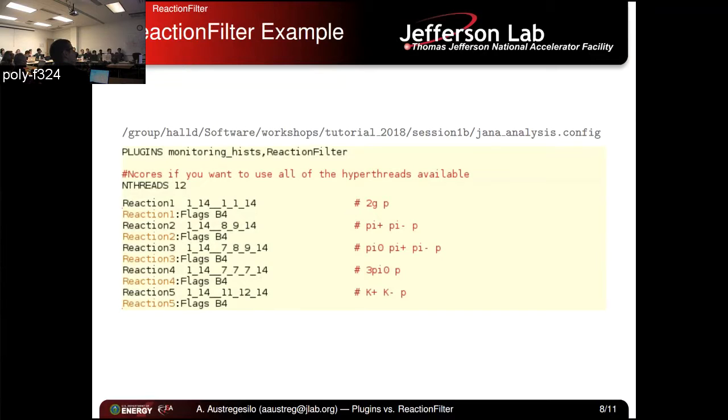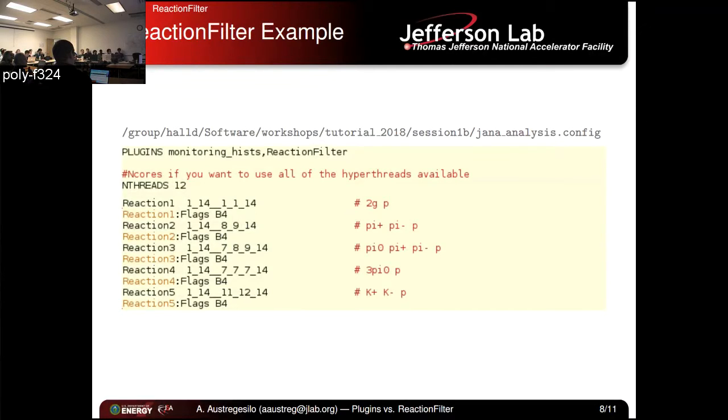Plugins is monitoring that we should run every time, and then reaction filter, and then you want to tell HD root to run with both threads, maybe you don't have to, and then you have, for example, 5 different reactions here, and you basically do an analysis of 5 different reactions, and all you need is this.